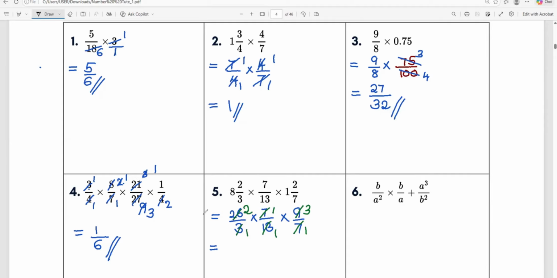That's all. Then the numerator is 2 times 1 times 3 is 6. Denominator 1 times 1 times 1. No point of writing 1 in the denominator. The answer is a whole number, 6.